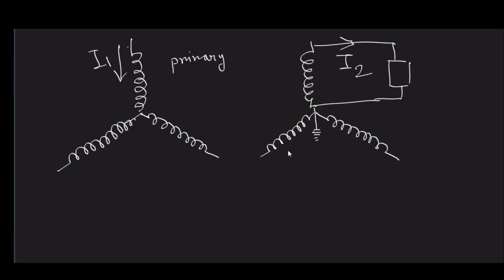Then what would happen? A current will flow, but how will this current be divided among these branches? Because here the neutral was there, the current can find a complete path.